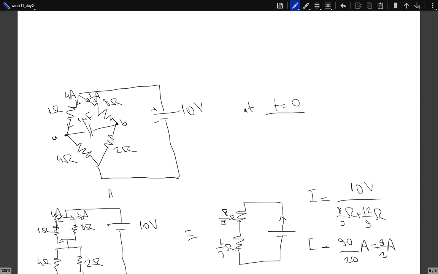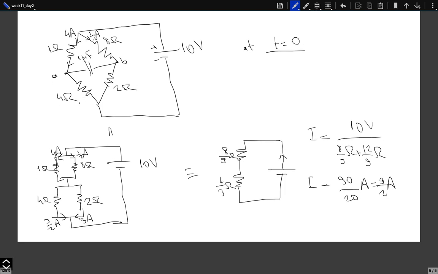Now let's go to the other resistance. Across the 4 ohm resistance, the current passing through is 3/2 amperes. Now across this 2 ohm resistance, the current is 3 amperes.